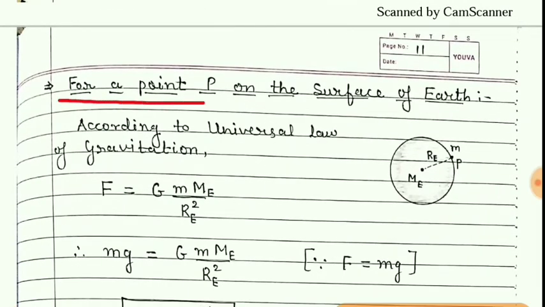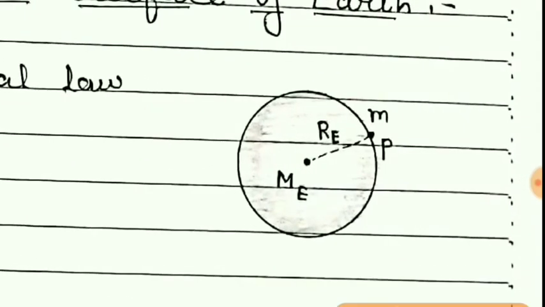For a point P on the surface of the earth, we have seen the case when the point is lying outside the earth, and when the point P is inside the earth. Now you can see this point P is on the earth. If any point is on the earth, then we know that the whole mass of the earth can be considered at its center.